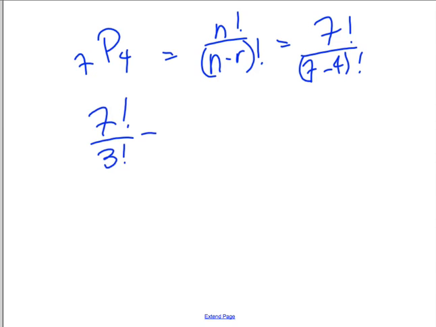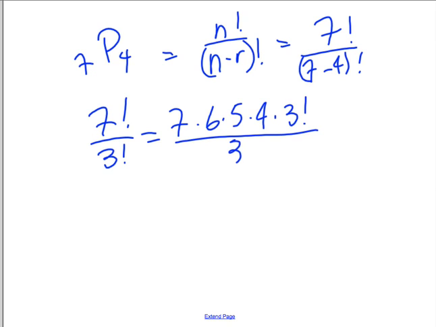And if I simplified this out, I'm just going to take 7 and start multiplying it out like factorial notation does. And I'm going to stop right where it matches the denominator. Because now I'm just going to divide those out. So I'm left with 7 times 6 times 5 times 4.